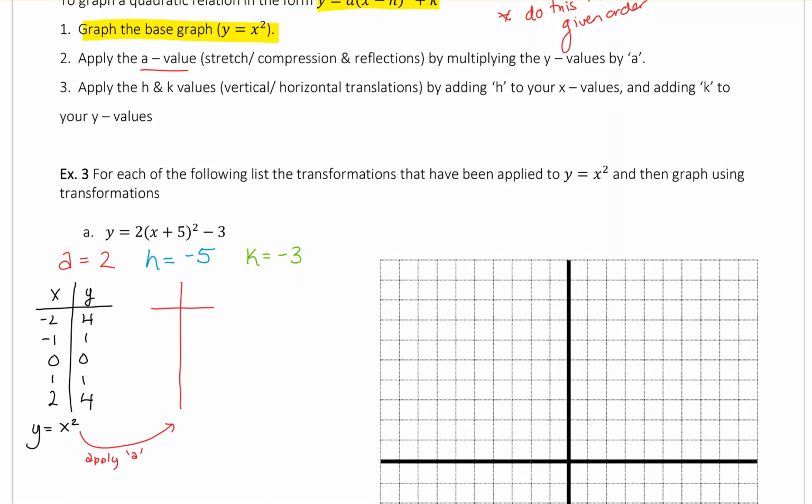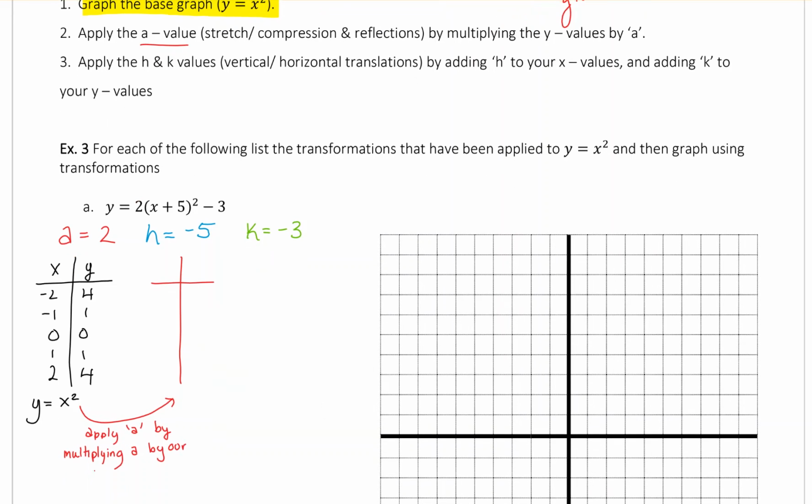And how are we going to do that? By multiplying a by our y values. So we have x, we have y.